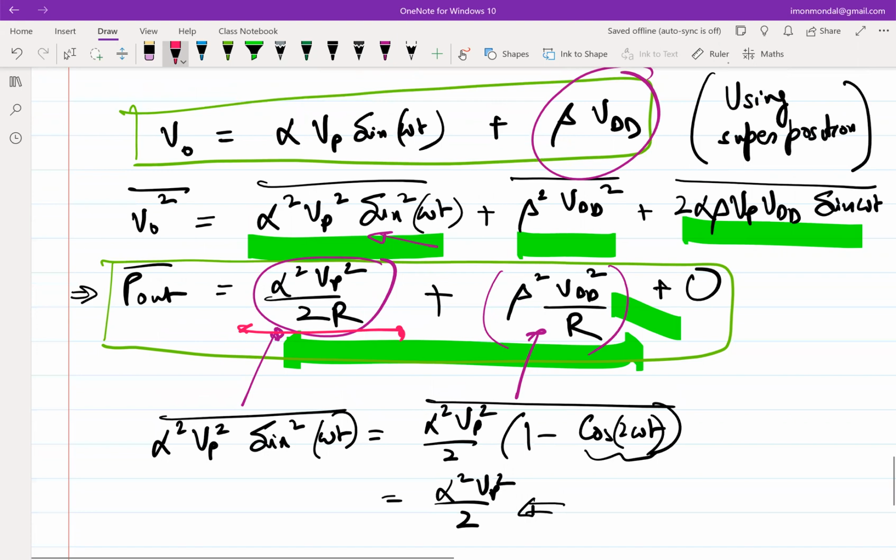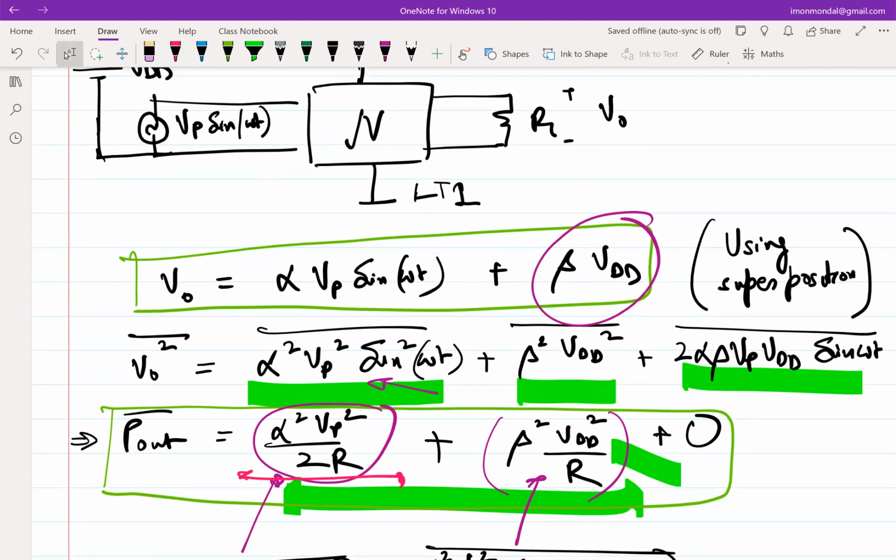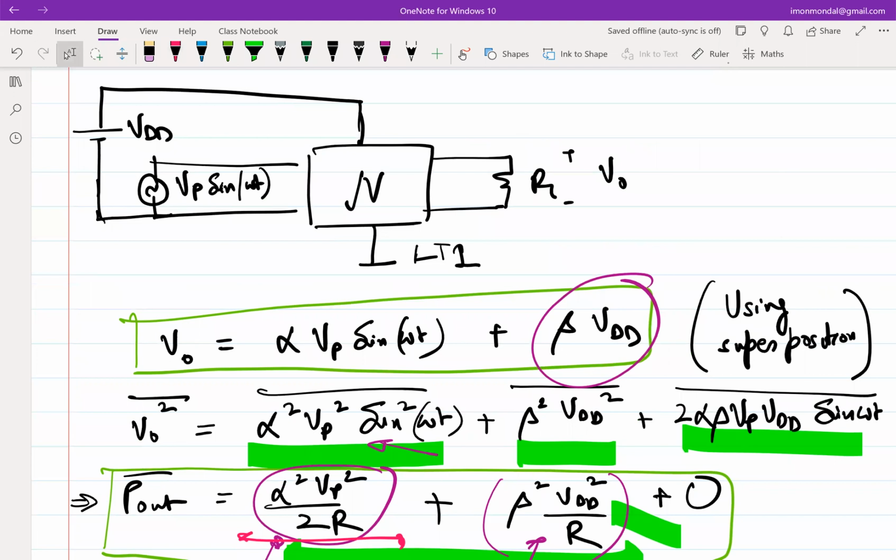So now can you tell me, will this power be more than the power that has gone in? Am I able to get power amplification using this system at omega? I'm not talking about the total power at DC and AC. No, right? Because again, I can get the same expression if I desensitize this, if I short VDD to ground and find out what is the power across RL.